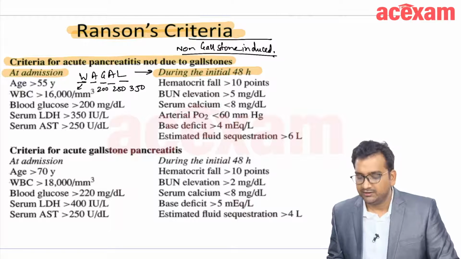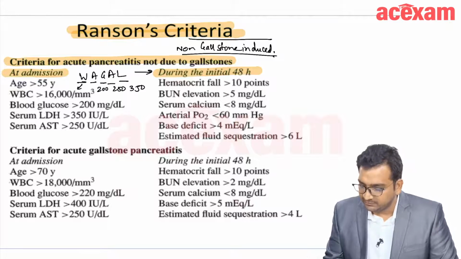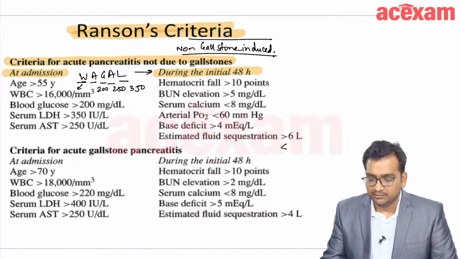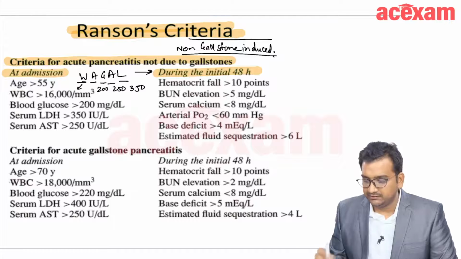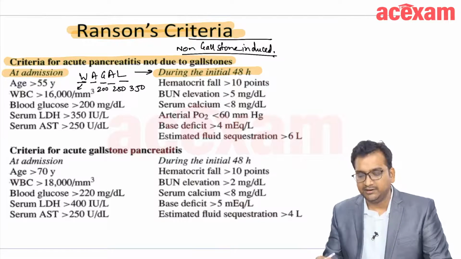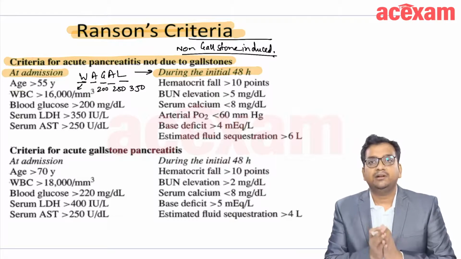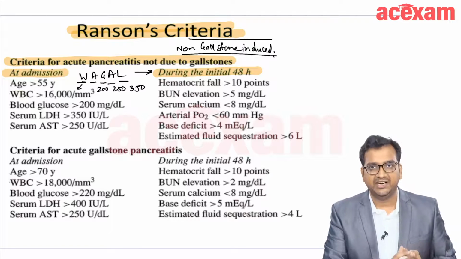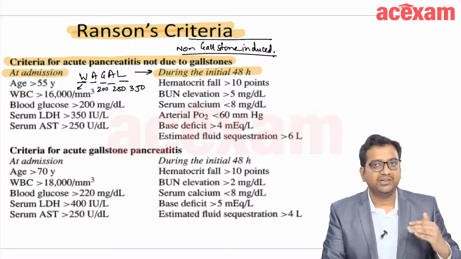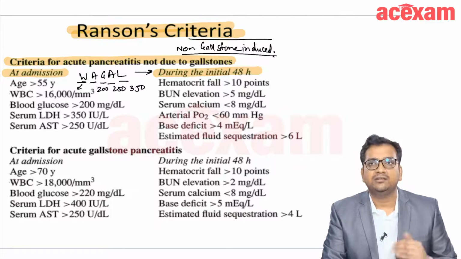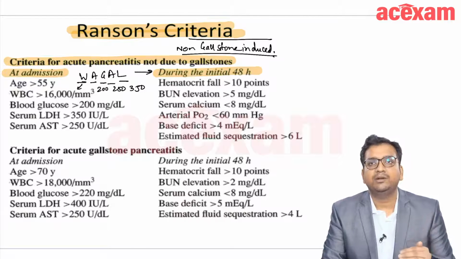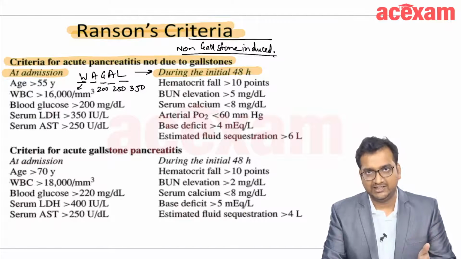Generally, suppose they give estimated fluid sequestration less than 6 liters in the MCQ, you will have to mark that option. For that, rather than cramming, it is better to understand. What we are trying to do in Ransom's criteria is this: suppose a patient is very dehydrated and breathless, that is a very sick and severe patient. The estimated fluid sequestration, or third space loss, in that patient will be higher, more than 6 liters.